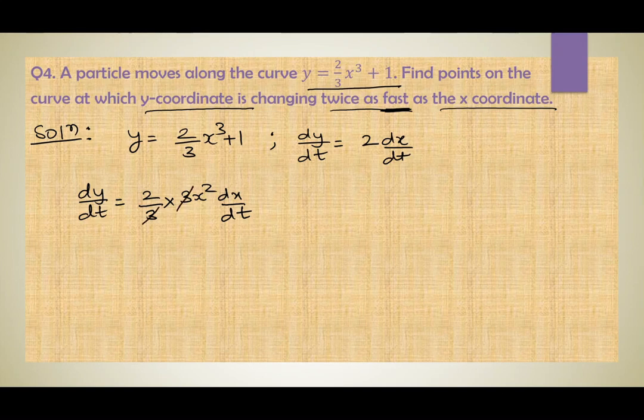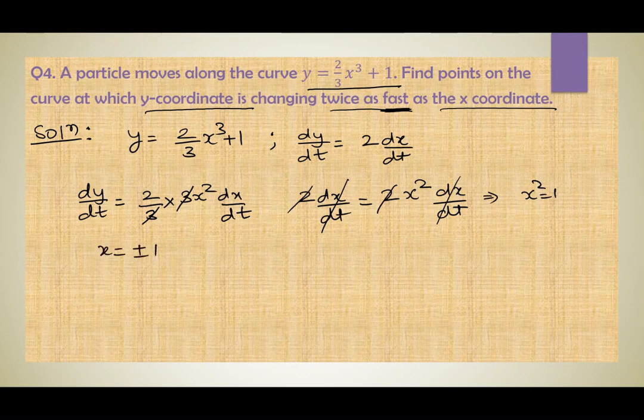Now dy by dt is of course twice dx by dt, is equal to कितना आ रहा है यहाँ पे 2 into x square into dx by dt. Now all you have to do is cancel this, okay, and cancel this also because the rate can't be 0. ऐसा मुश्किल है.